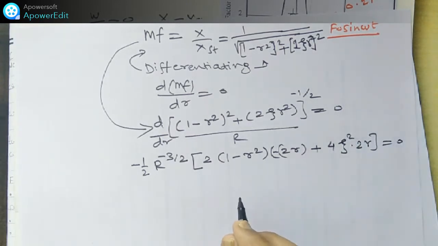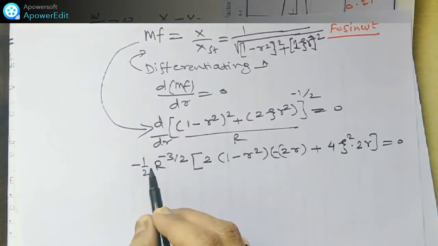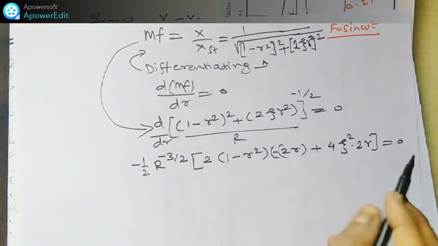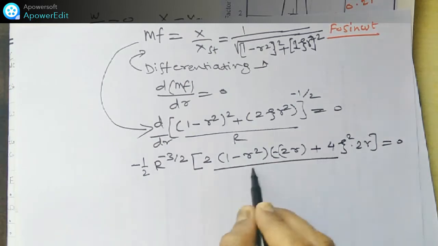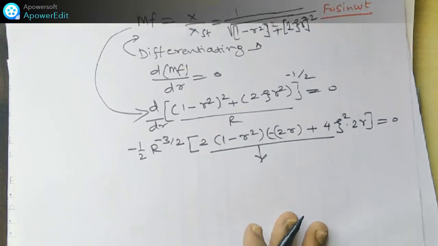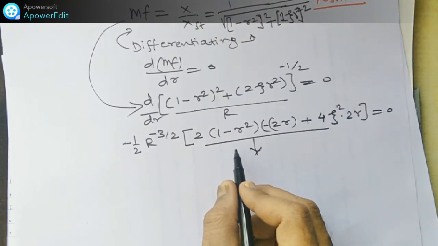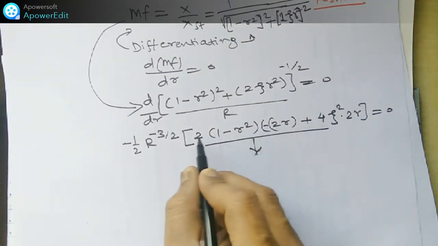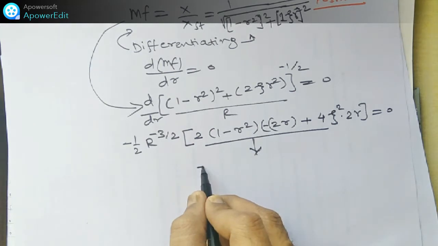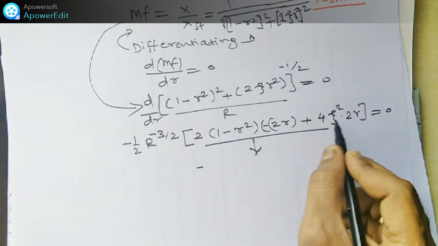This is the differentiation. The first term is taken on this side and becomes 0, only this term remains. When we solve it, 2 into 2 is 4, so this 4r and this 4r, we take the 4r outside.